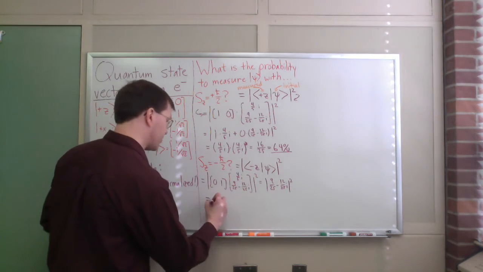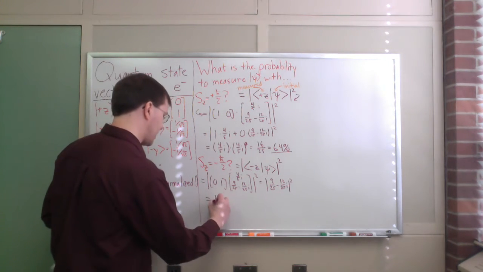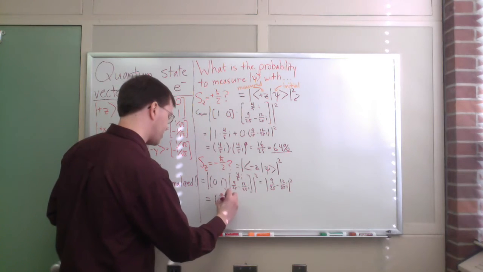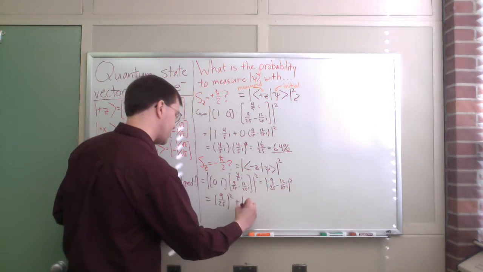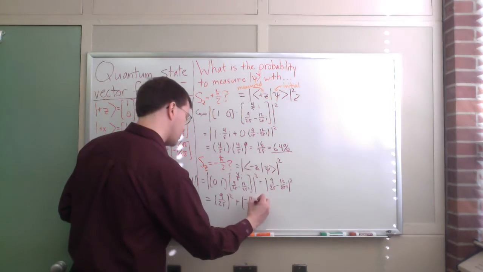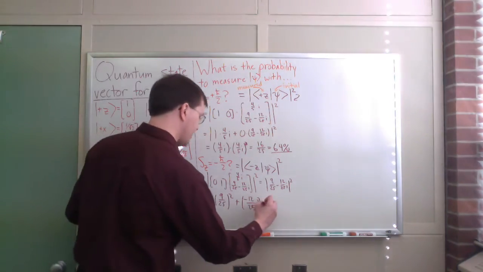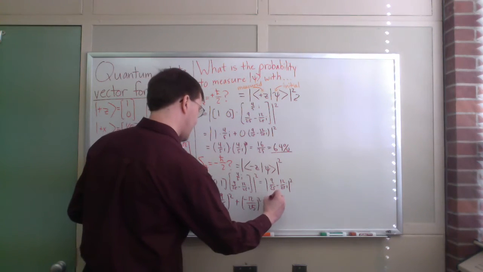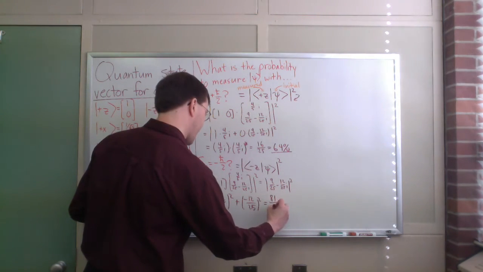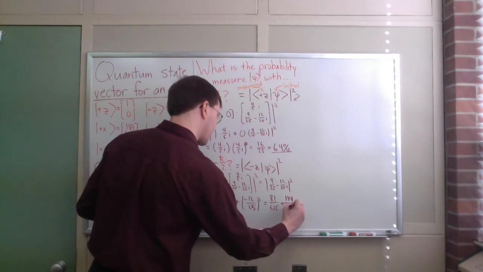So this is equal to, because that's what we'll get to in the end if we multiply by the complex conjugate anyway, 9/25 squared, that's the real part, plus minus 12/25 squared, that's the imaginary part. Don't square the i, they both have to be positive in the end. What is that? That's 81 over 625 plus 144 over 625.